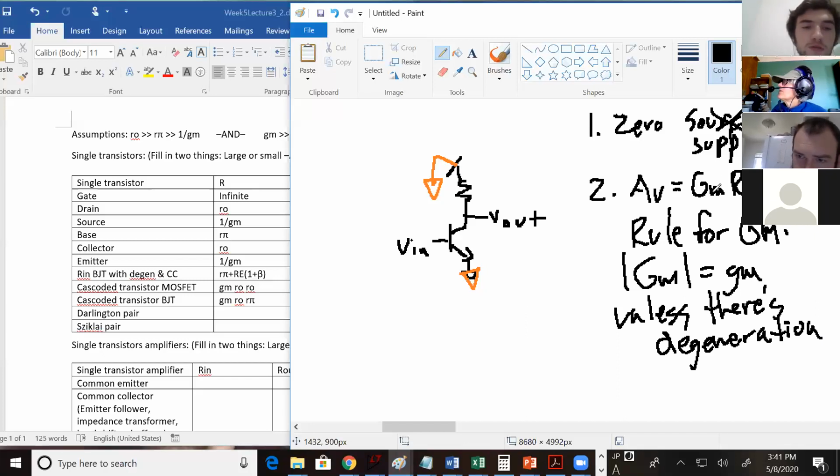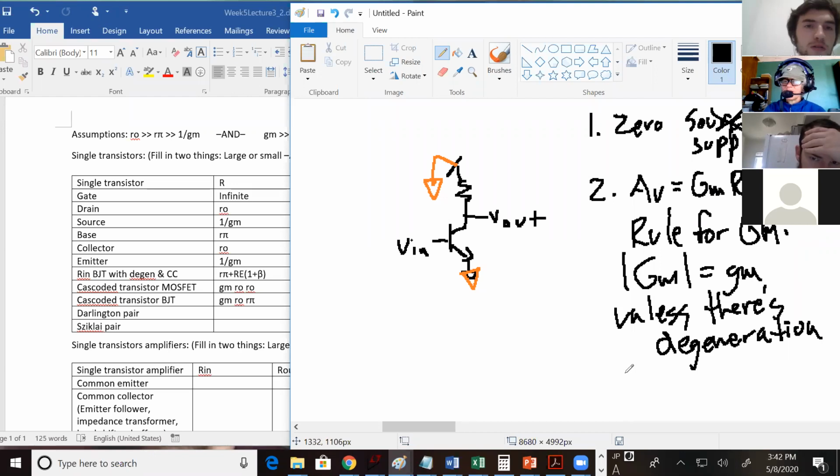I might be confused. Shouldn't that absolute value be on the little GM? No. Okay. If you have a common emitter, is it inverting or non-inverting?